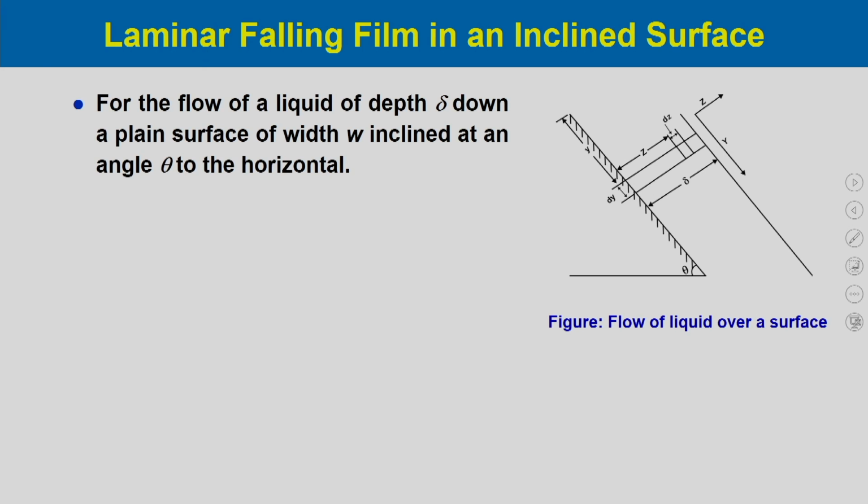Now, for a liquid of depth delta on this solid surface, W is the width of the solid surface and delta is the liquid depth, and the surface is inclined at an angle of theta to the horizontal.